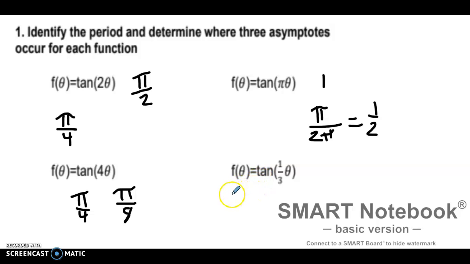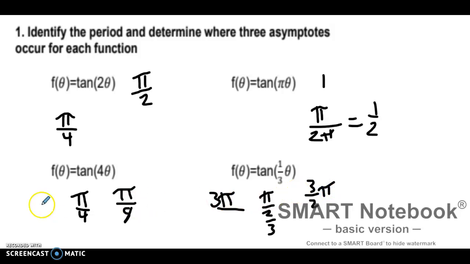So the last one, the period would be pi divided by b, which is 1/3, which is multiplied by a 3. So the period would be 3 pi, so it'd be really stretched out over 3 pi. And then the asymptotes would be pi over 2 times b, which is 2/3, which would then be 3/2 pi.